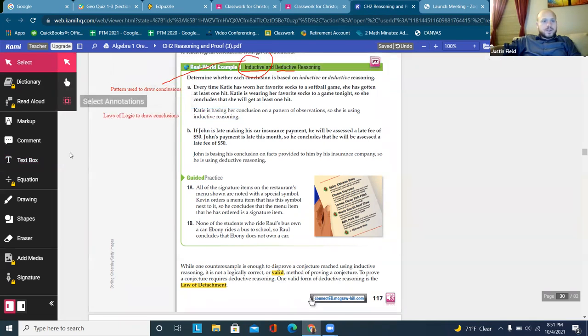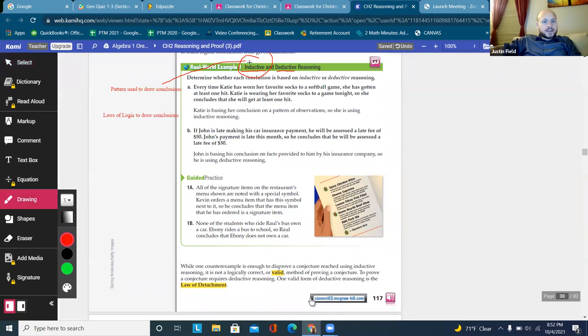All right, so let's draw a little arrow to that. Deductive reasoning. Boom.